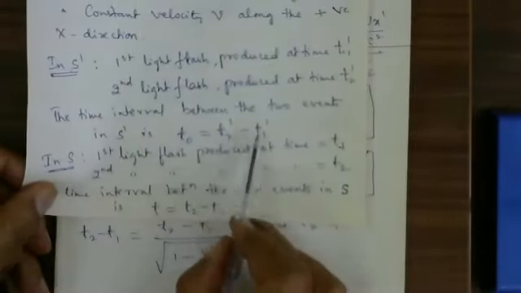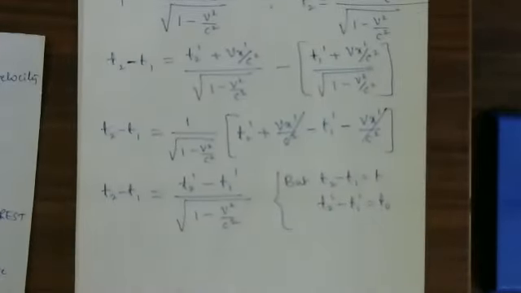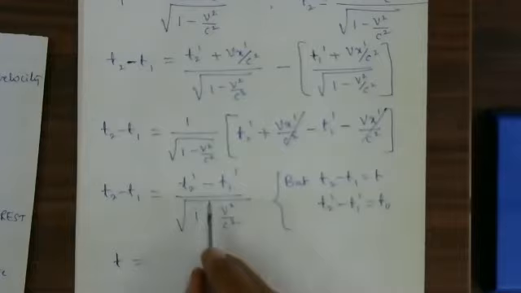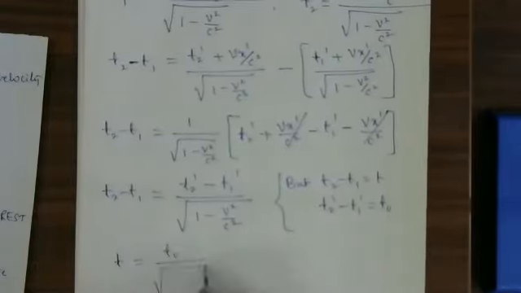Substituting these values, T is equal to T naught divided by square root of 1 minus V square divided by C square.